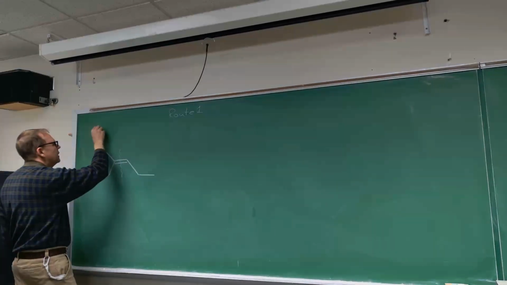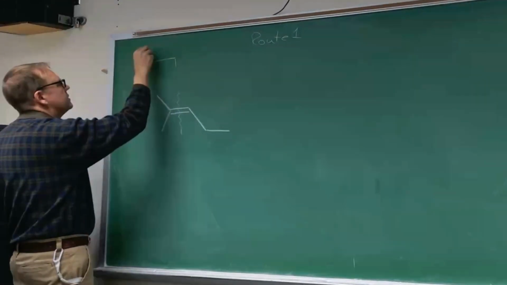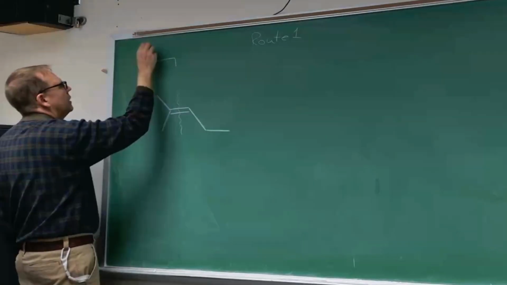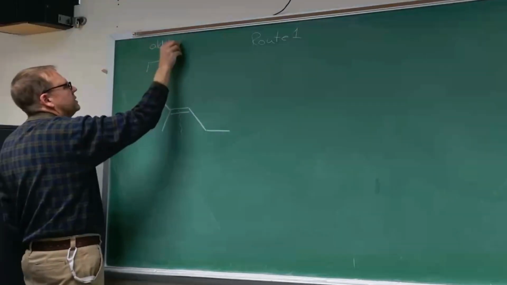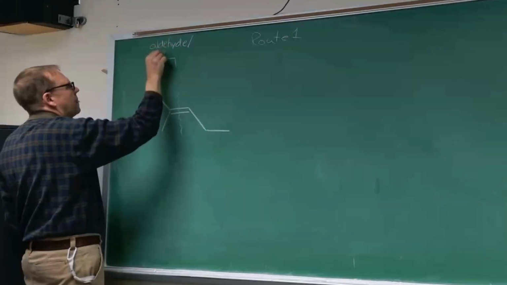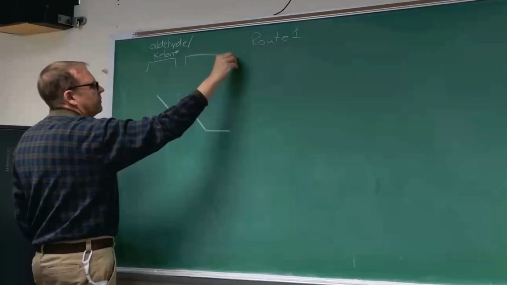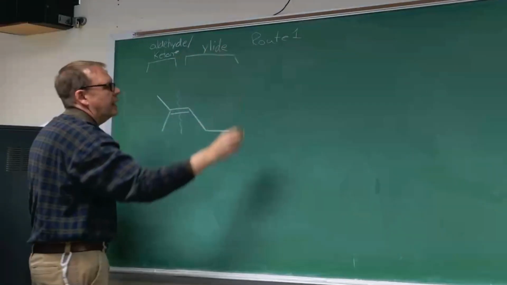where this part is the carbonyl part, or aldehyde or ketone. It happens to be a ketone in this example. And then this other part would come from the ylide. So that's route 1.